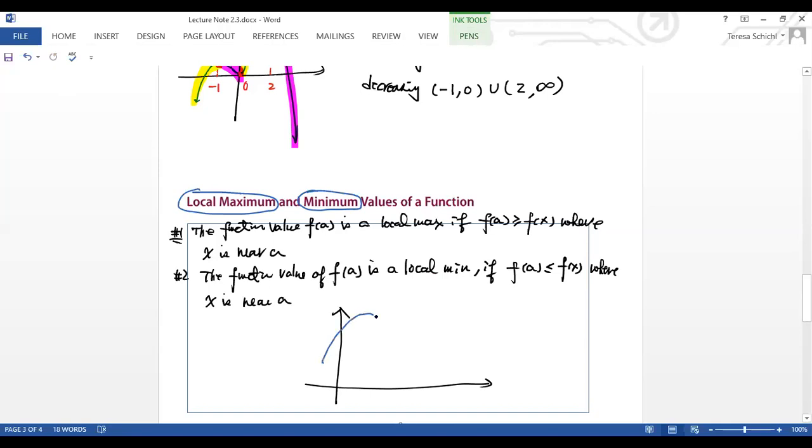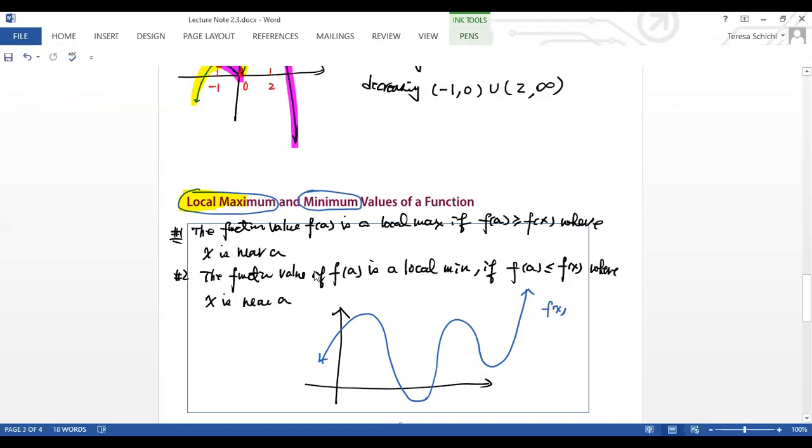So if I have a function going like this, and this is my f of x function, this is what we mean by local, that means around it.